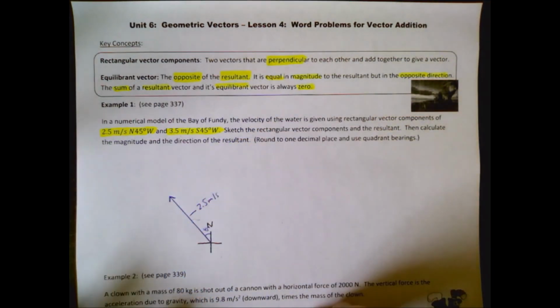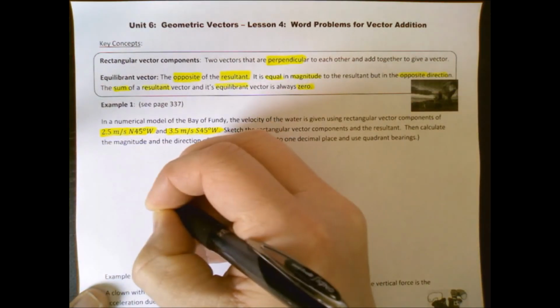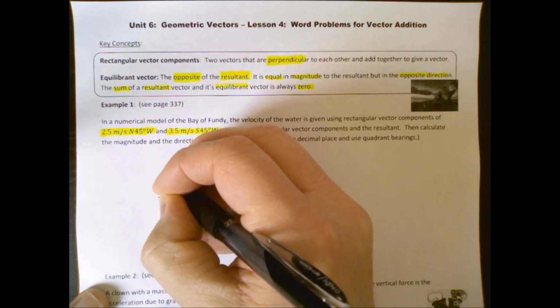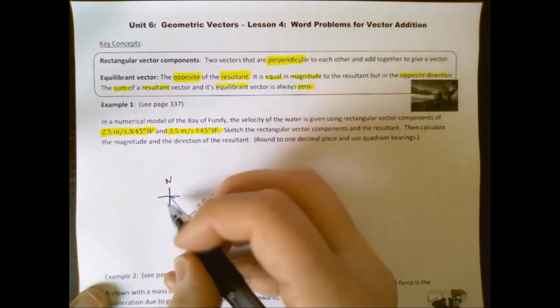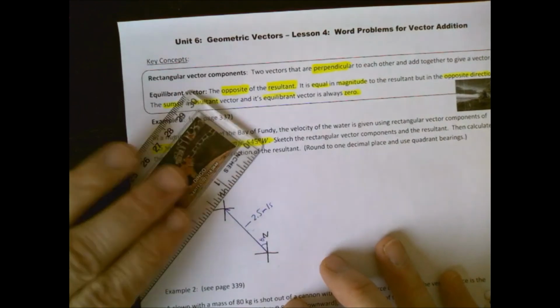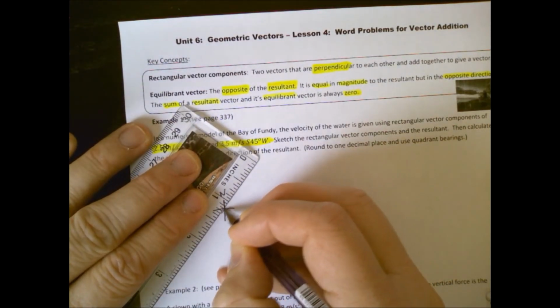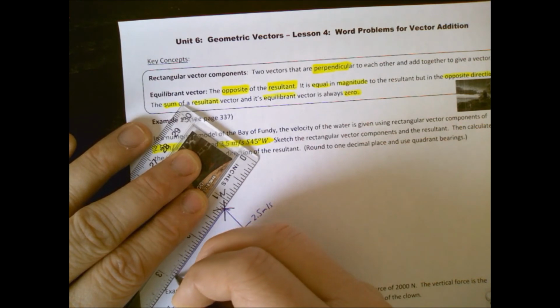Alright, there we go. And then from there, I'm going to draw another quadrant bearing. So again, that's north, and now I'm in south 45 degrees west. So I'm going to draw my second one here, a bit longer than my first one.